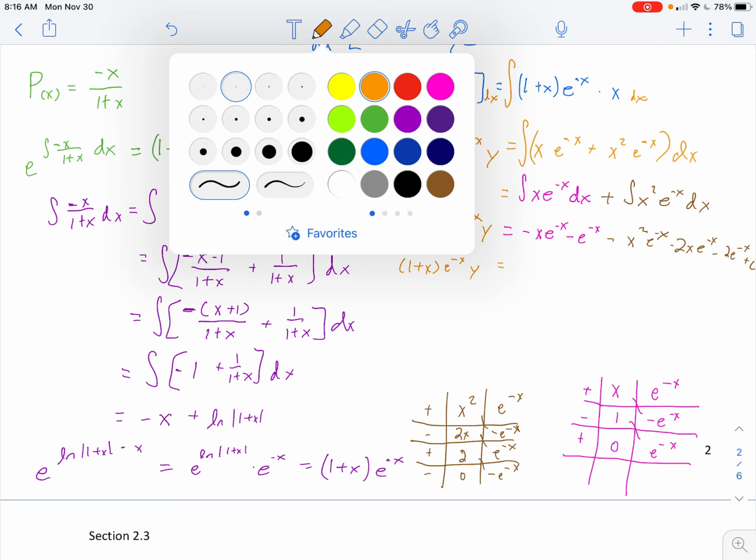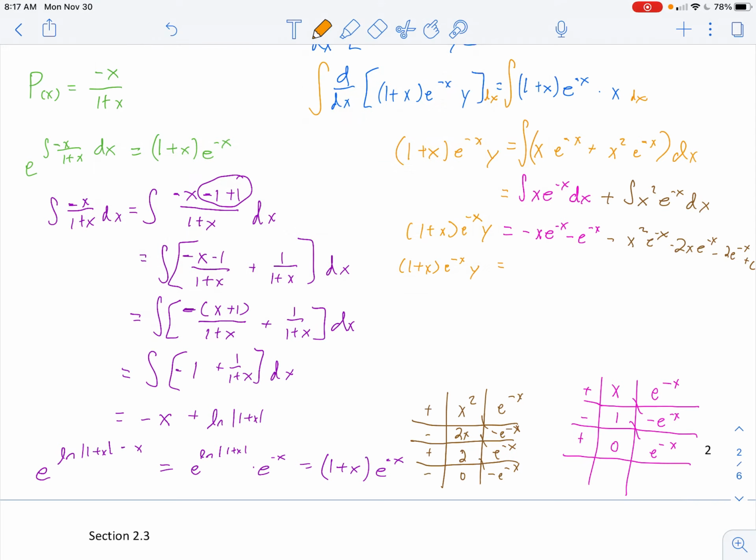and then on the right-hand side, I'm going to go ahead and just pull out all my e to the negative x. So e to the negative x, and you can actually simplify this even more. Just because these are notes, I'm going to bring everything together. So it's just going to be negative x squared e to the negative x, and then I have some like terms, negative x e to the negative x, so it's going to be negative 3x e to the negative x, and then minus 3 e to the negative x, because again, some more like terms.